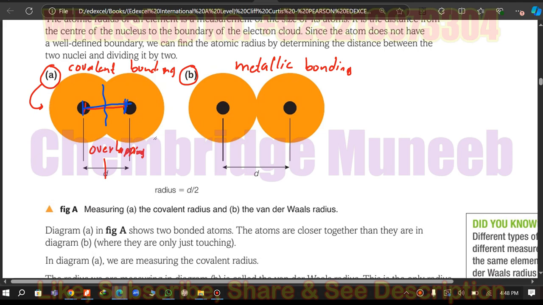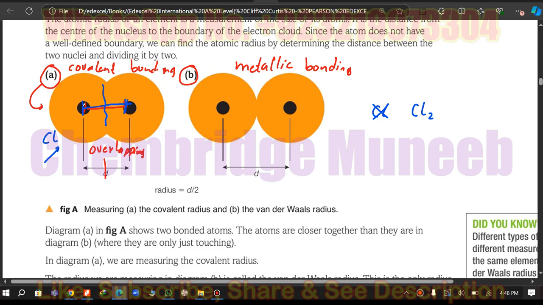In these types of non-metals, for example chlorine, the atoms do not exist in the single atom form. Instead they occur always as diatomic molecules. So we cannot have single separate atoms. Let's suppose it is a molecule of chlorine.